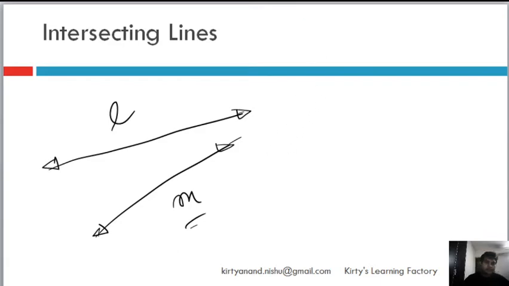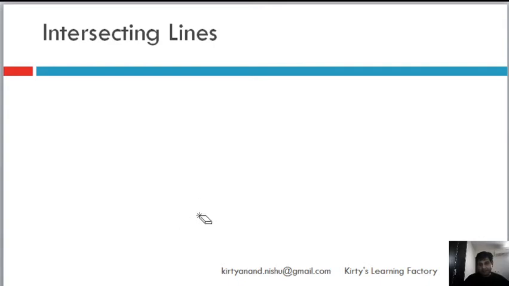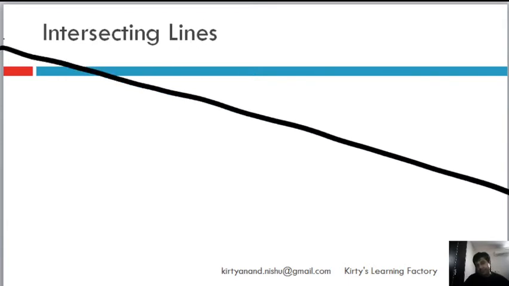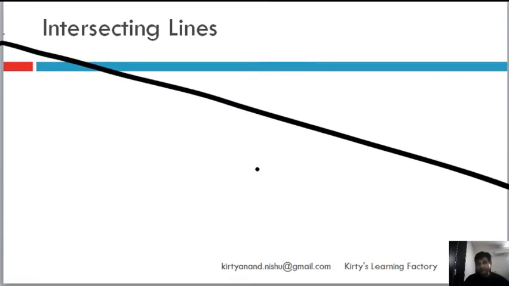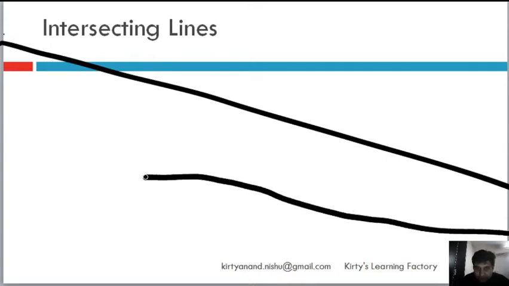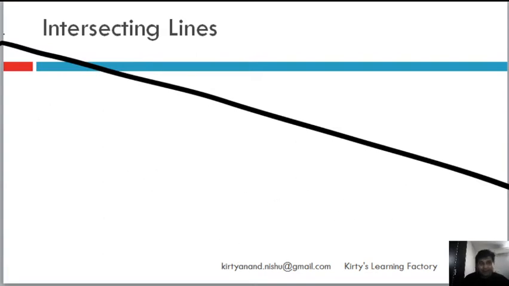Case in point, let me actually draw these lines a bit differently so that you understand. Let me start drawing a line from this point like this. Then I start drawing another line from here. Let me change color and then I will show you.